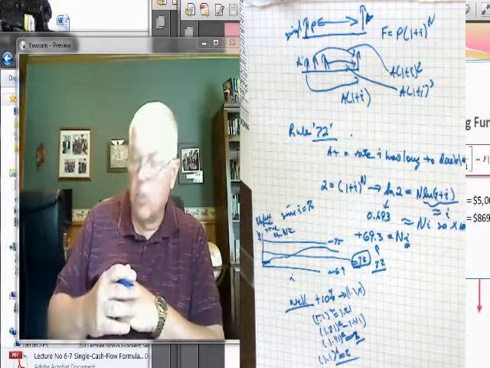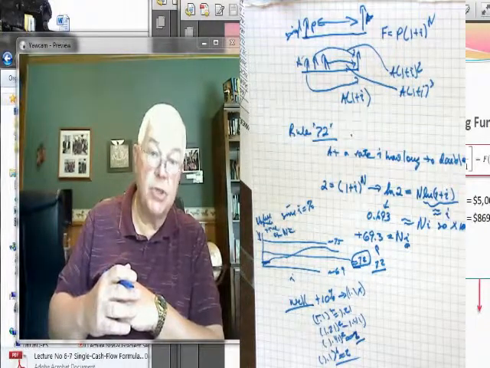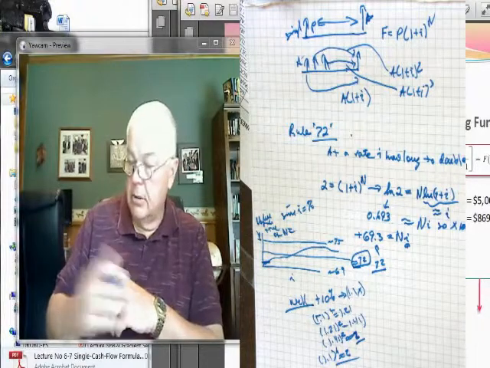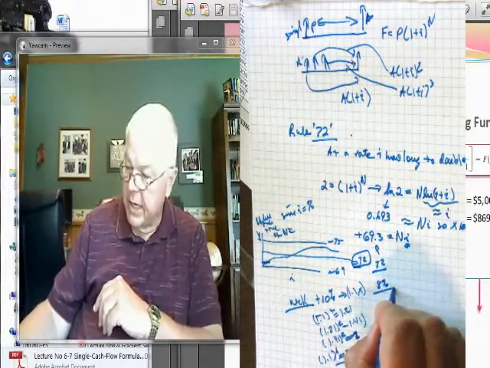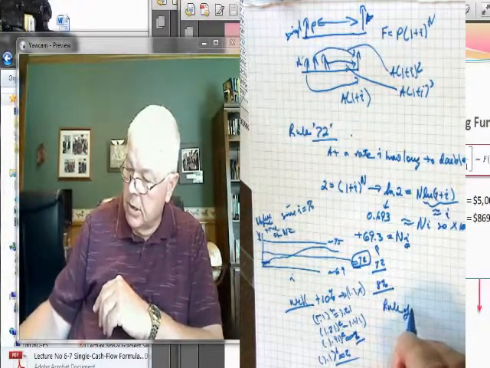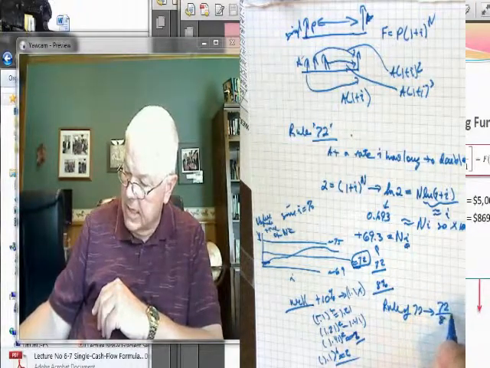Anyway, so now I can look at it and say, oh yeah, 1.1 to the sixth power is 2. So how long does it take to double? Well, let's say I have 8%. If I have 8%, then the rule of 72 says 72 divided by 8 is 9.